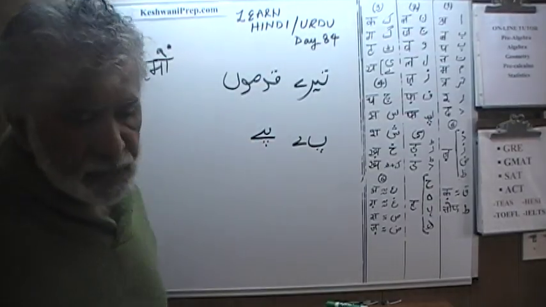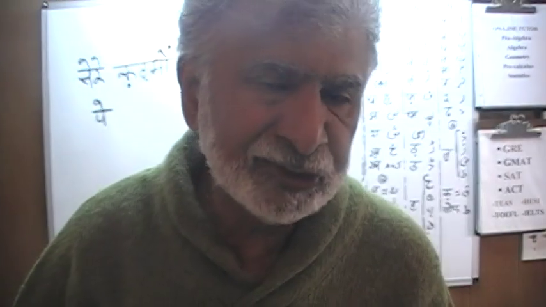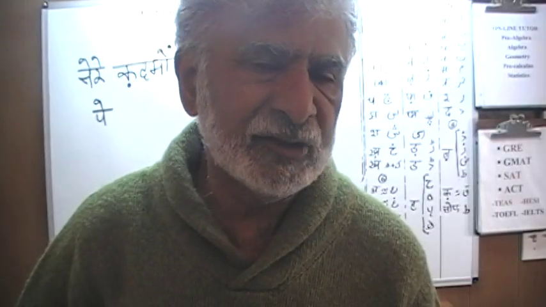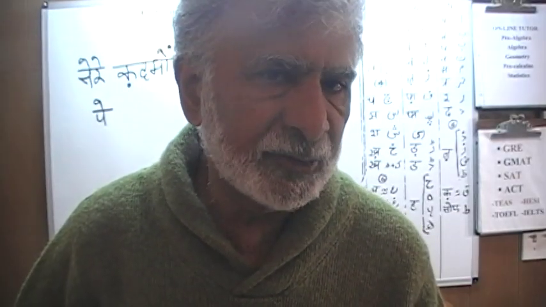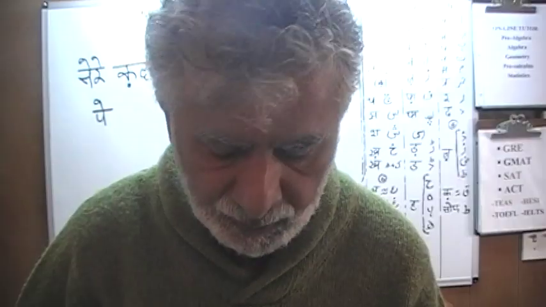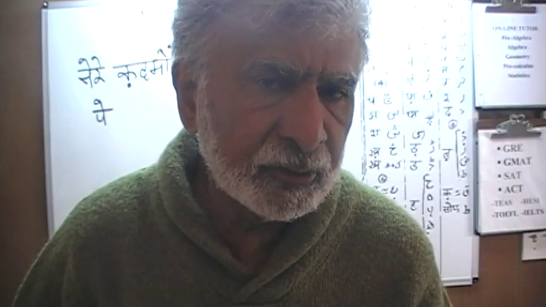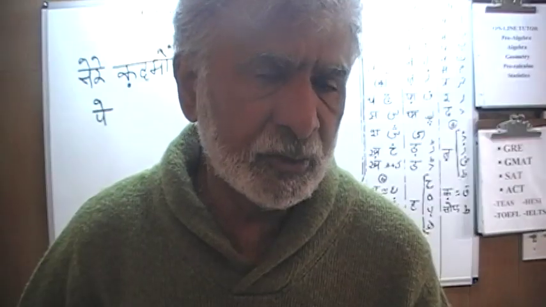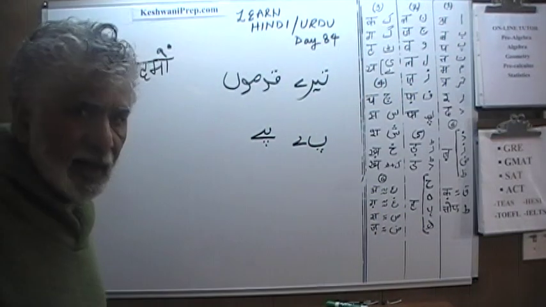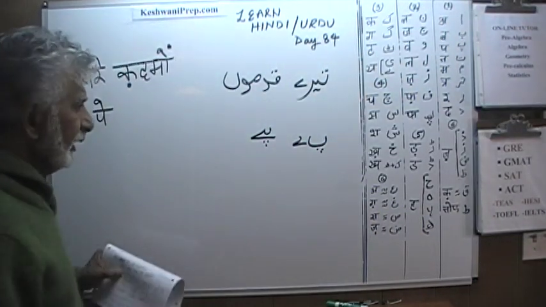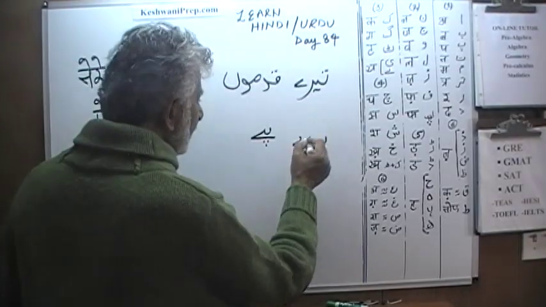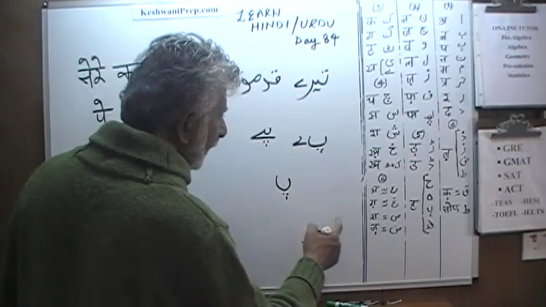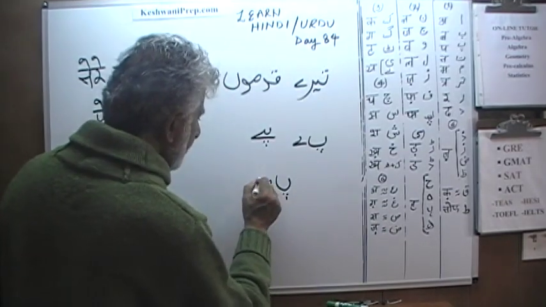But the Urdu language has too many idiosyncrasies, too many oddities, it is very eccentric, and there are too many exceptions that you have to know. Pe in this context would not be written like this. Pe in this context would be written as pe and a hair, this hair right here.